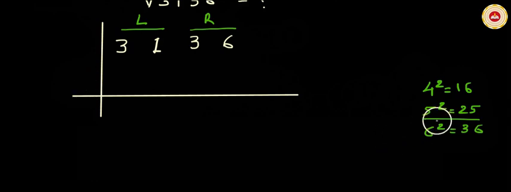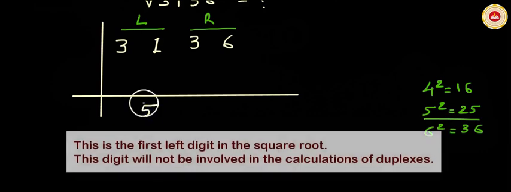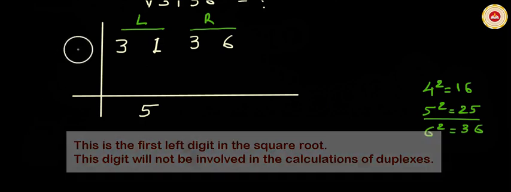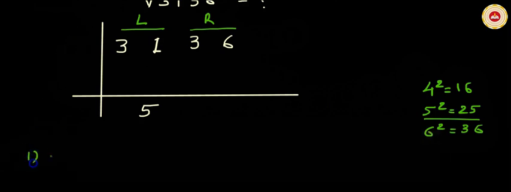But first of all, let us write 5. 5 is the first digit in the square root, the leftmost digit in the square root. Now, subtract 25 from 31 and this will be your step number 1. Subtract this 25, the square of this first digit.